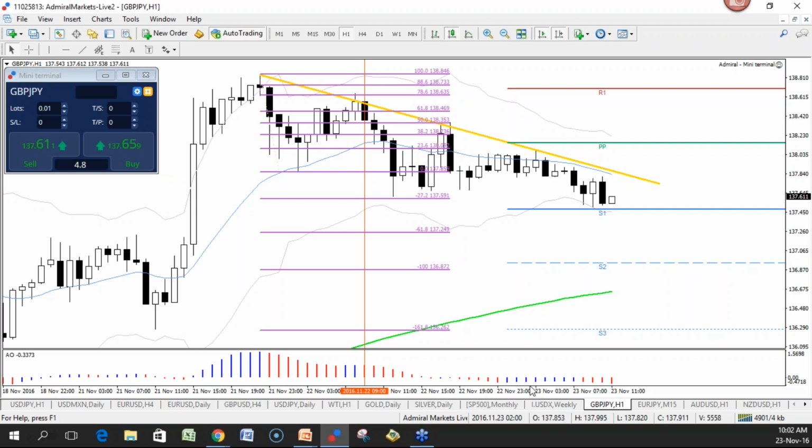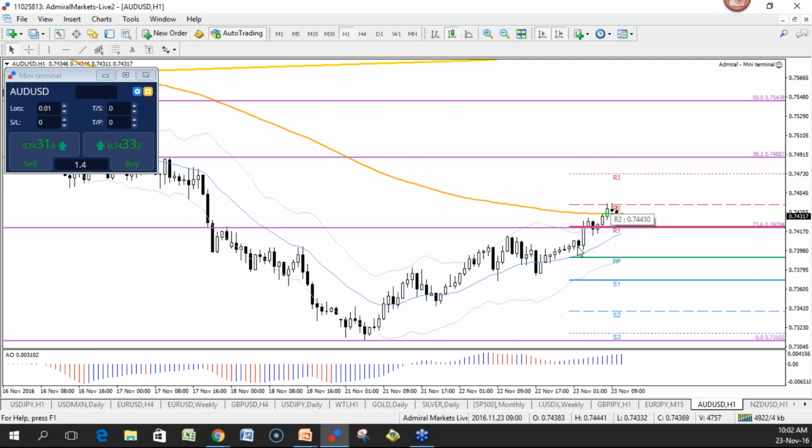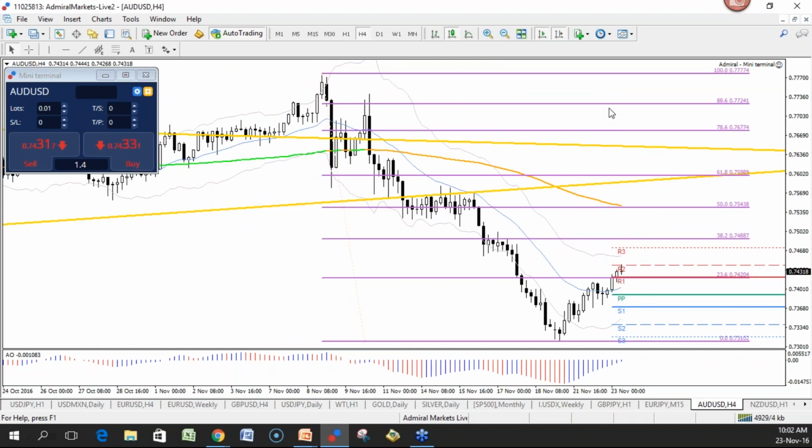Or the Aussie itself, for instance, is this all the upside? I think there could be a pretty good chance that it is a bigger, complex correction, because I think there could be a deeper retracement first, looking at these fibs, for instance. So I would anticipate already a more complex correction.